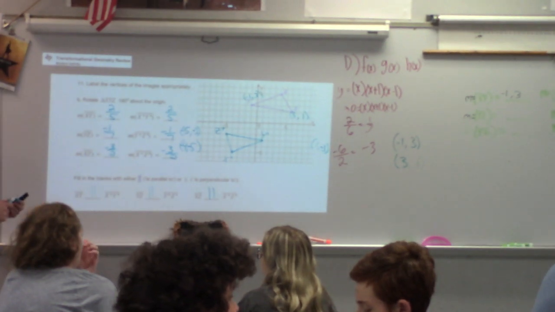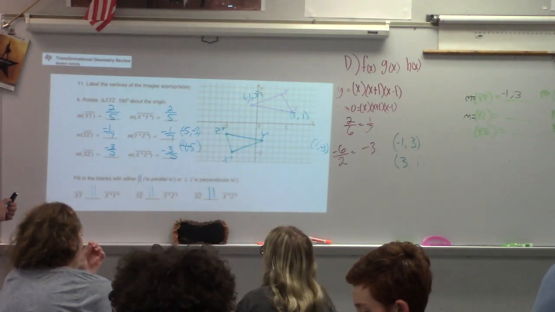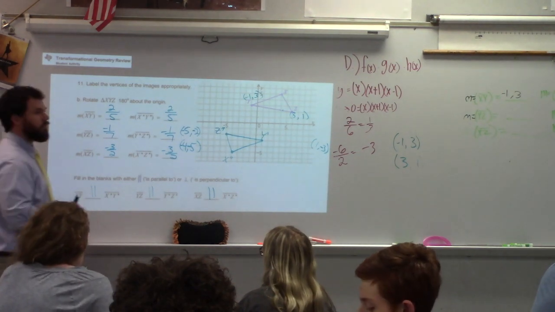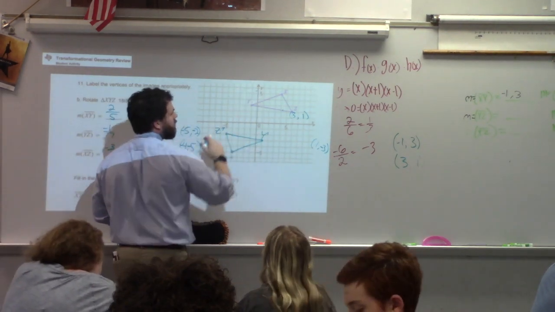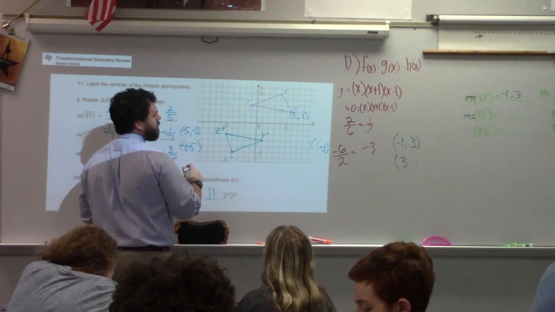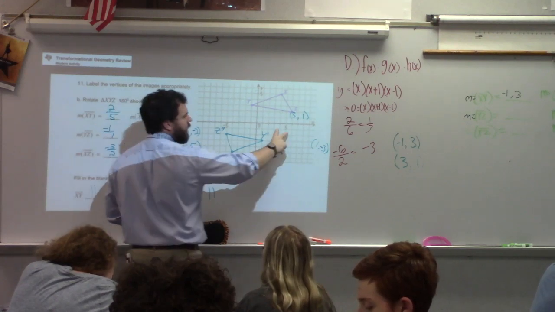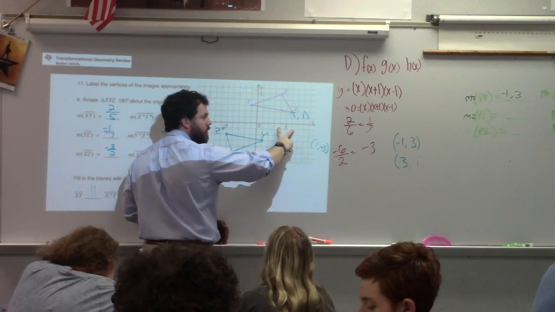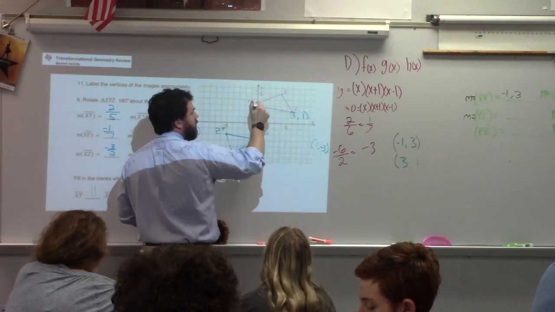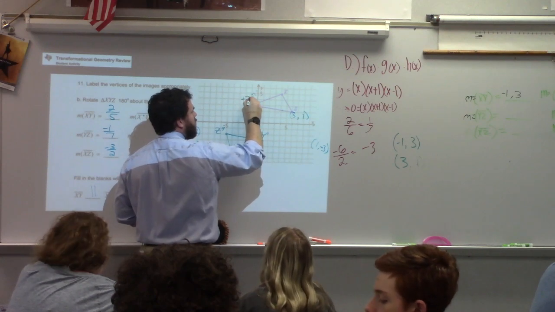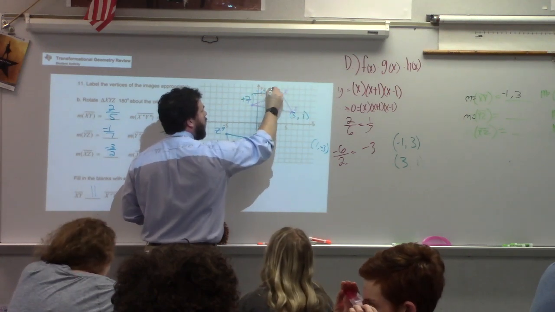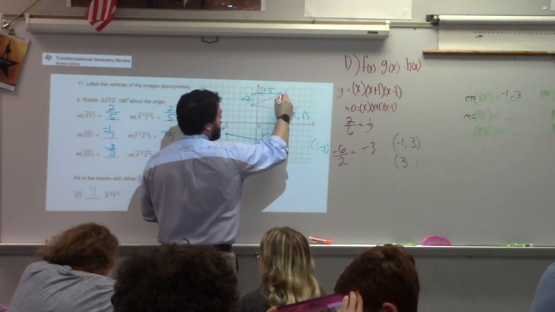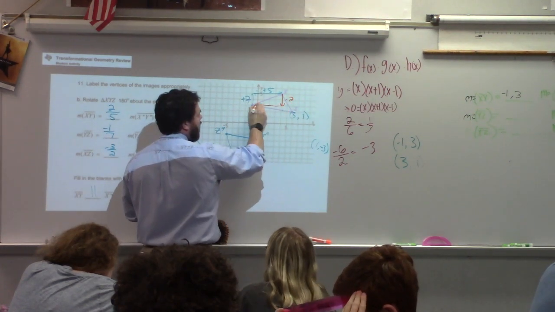Jamie, you had a question? I was confused about the slope of X, Y, because don't you have to go left 5 and down 2 to get from X to Y? Were you looking at the one that was here? I'm just looking at X, Y. X, Y is here, right? Yes. It's up 2 to the right 5. Or, you can look at it as down 2 and to the left 5.